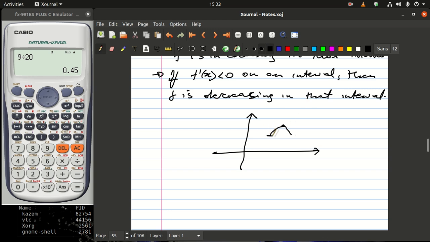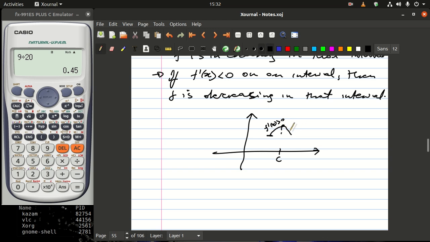This function is increasing up to this point. Let's say this point is my point C. The function is going up, up, up, in other words it is increasing until it arrives there. When the function is increasing, the first derivative is bigger than 0.